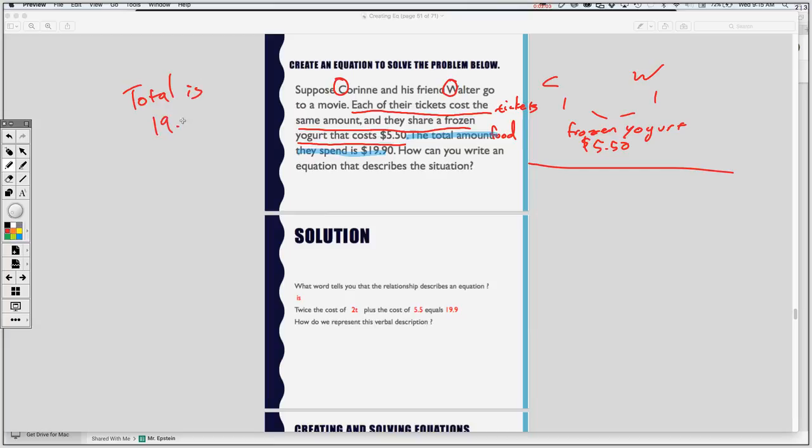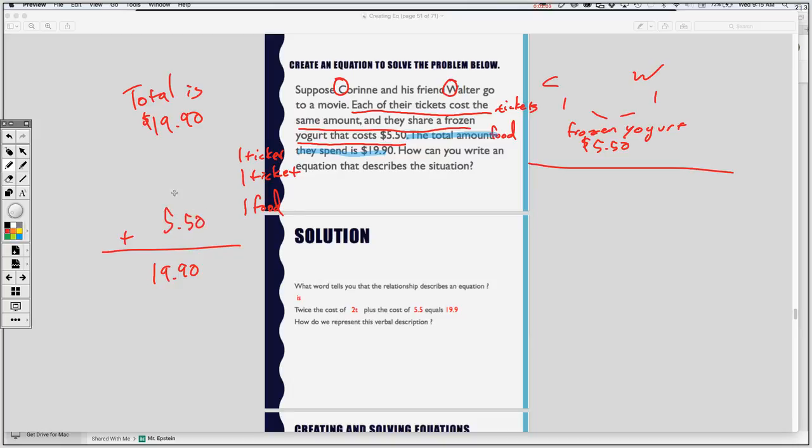So total is $19.90. Imagine it's on a receipt. We're adding some things, and we get to $19.90. What did they buy? Do you know how much the ticket costs? No. So we'll say one ticket and one food item, the yogurt. We know the food was $5.50.